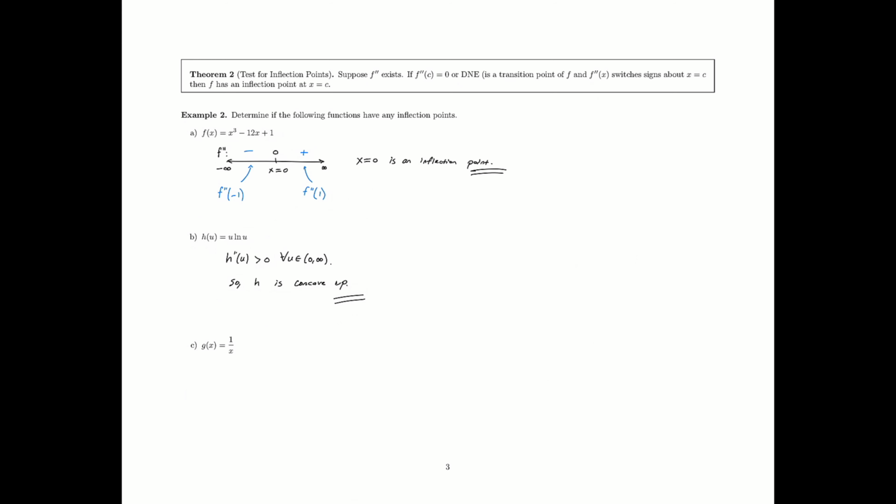So the fact that, we'll just say here, since h is always concave up, there can't be an inflection point.